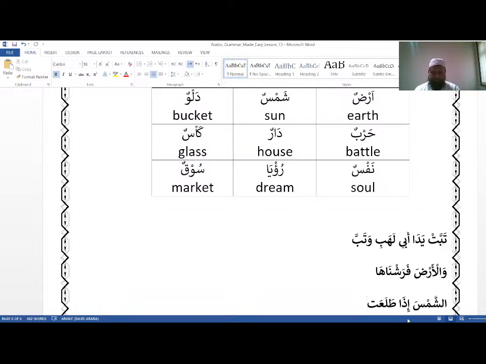Because of shams. But where is the fa'il? We've learned every fi'l will have a fa'il, and the fa'il always comes after the fi'l. There is no ism after tala'at, so the fa'il has to be a muannas damir here, and the ha is referring to ash-shams.